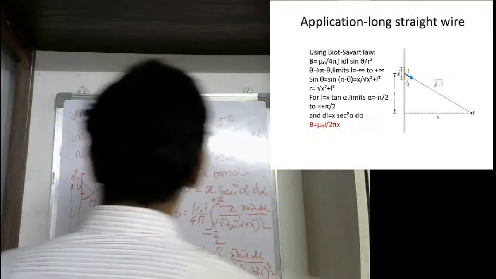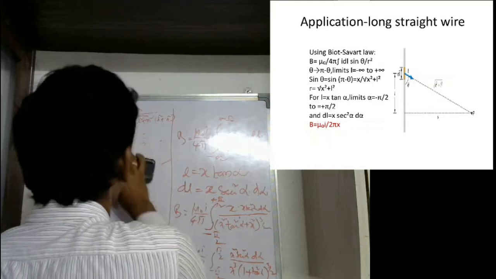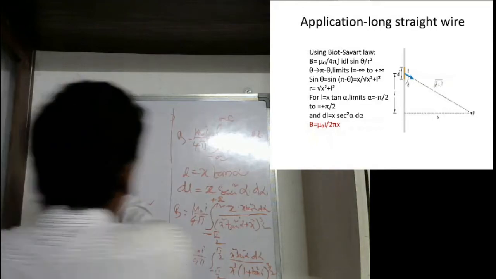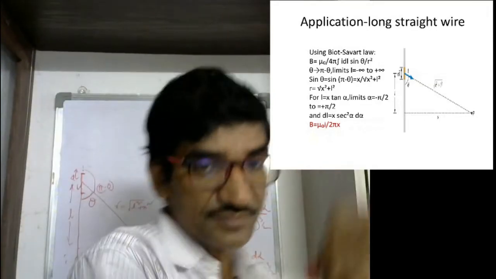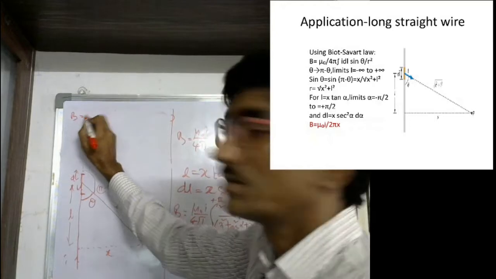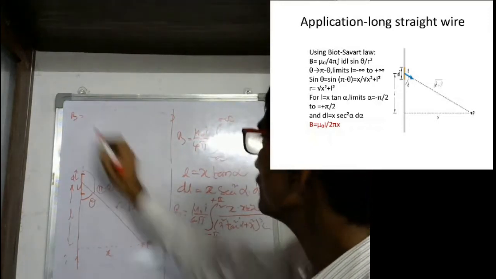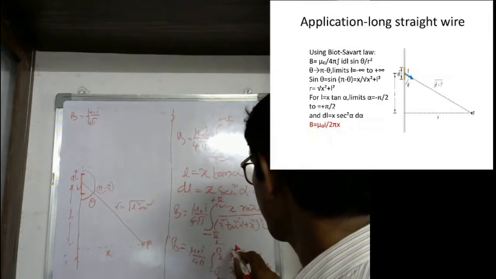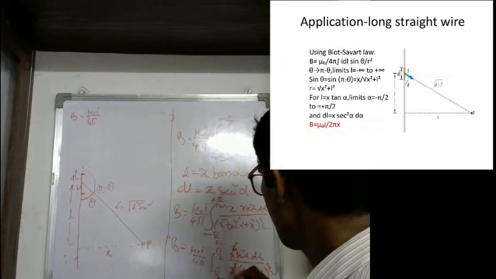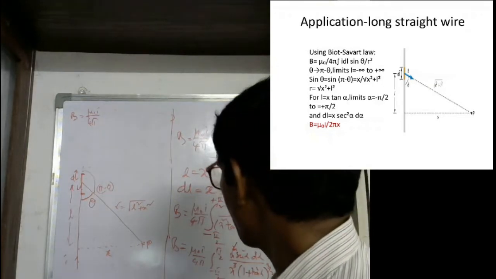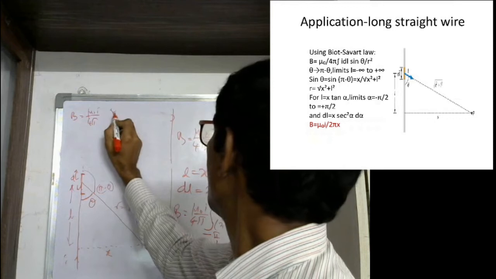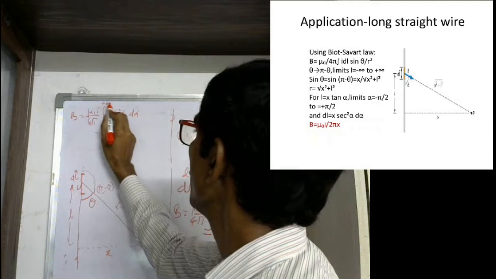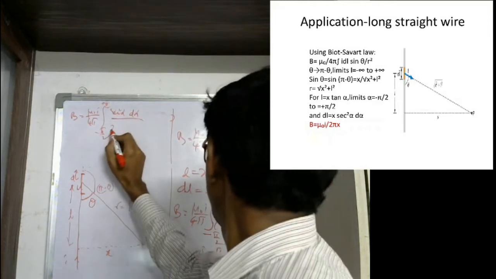Now let me write here. B is equal to mu naught I by 4 pi. X square is here, x cube is here, so you are only left with one x in the denominator, right? Sec square alpha d alpha, integral minus pi by 2 to plus pi by 2, by x.